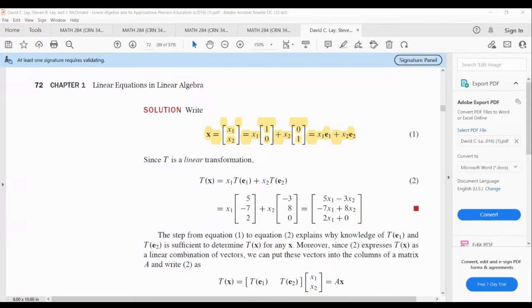That can be written as the linear combination of those unit vectors, E1 and E2, that you see in line 1 there.